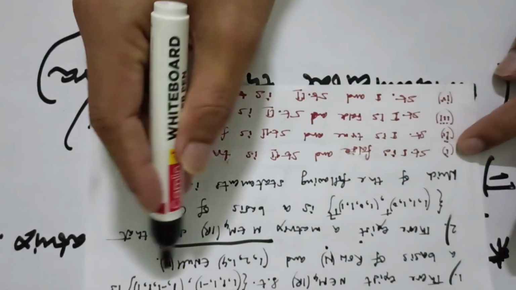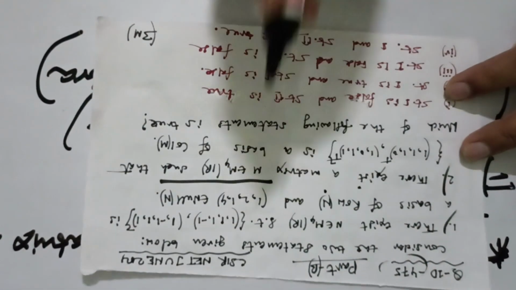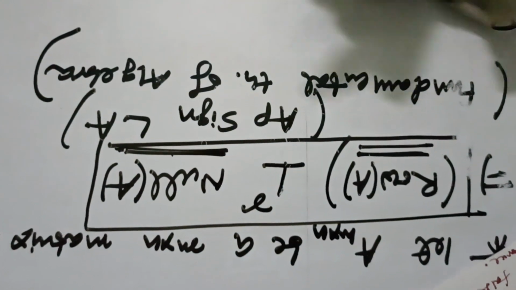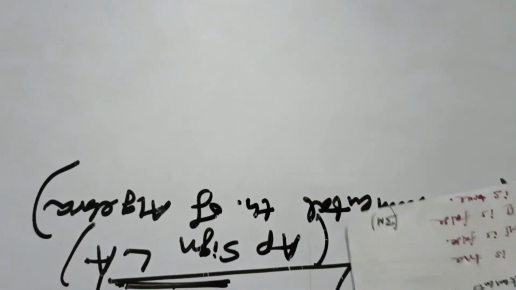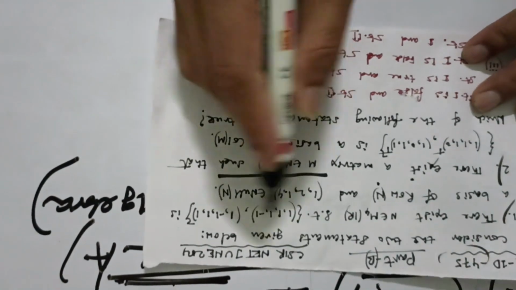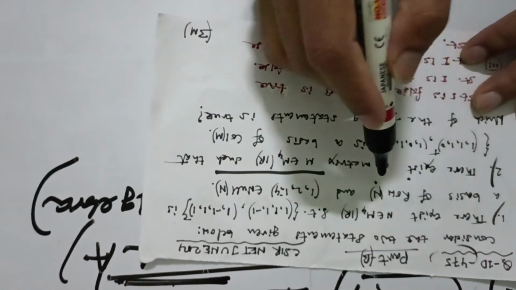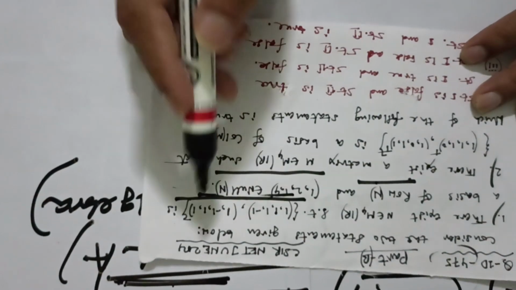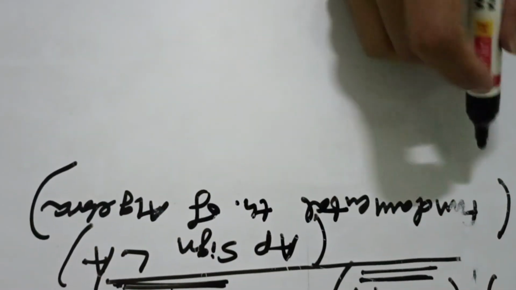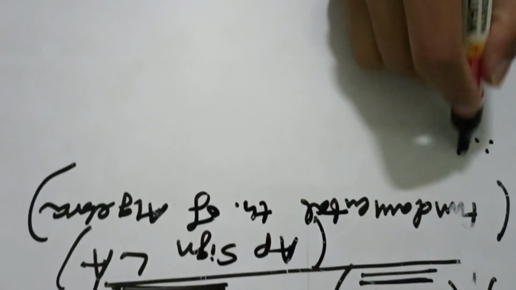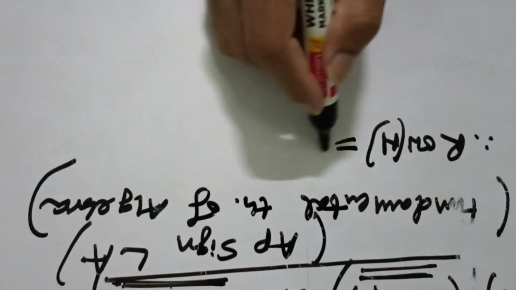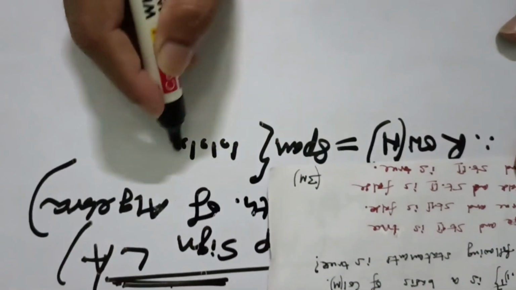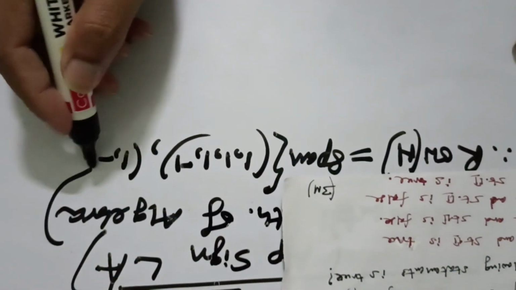It says that this is a basis of the row space of A. Since it is a basis, first of all it is linearly independent, and second, it spans the row space of A. So the row space of A is spanned by the given vectors, the first being 1, minus 1, and the last being 1, minus 1, 1.